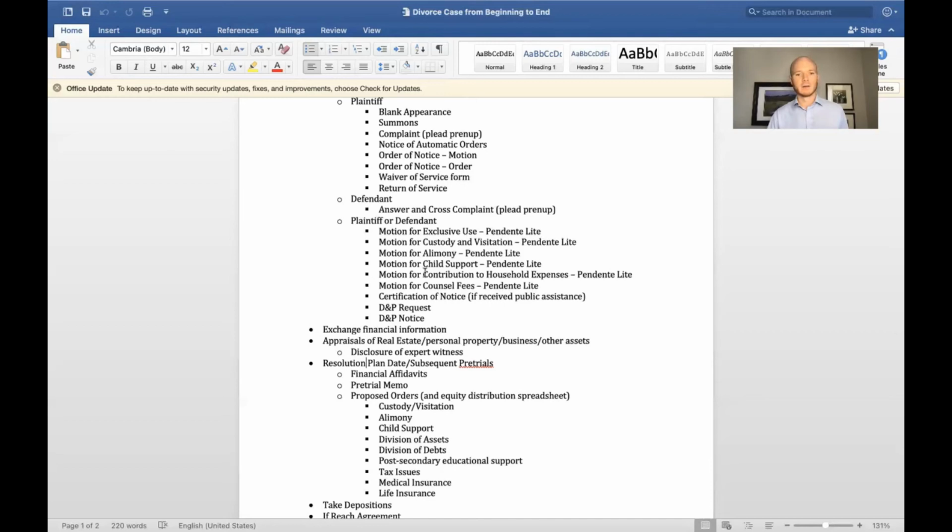But if it becomes clear at the resolution plan date that there are still financial disputes, the court will oftentimes just schedule a judicial pretrial. A judicial pretrial is basically a meeting where the lawyers will go in and meet with a judge. Generally speaking, the clients are not present for that meeting.